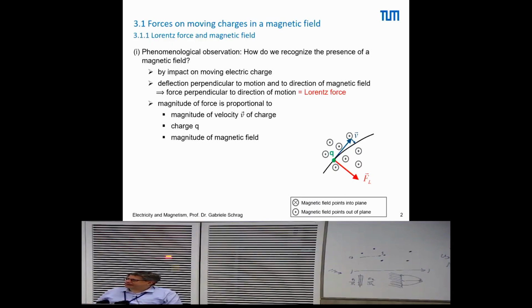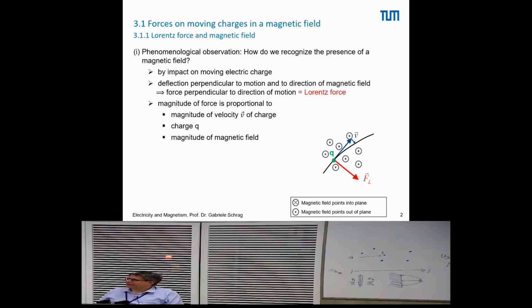This is based on a phenomenological observation. So how do we recognize the presence of a magnetic field? Well, we do so by seeing an impact on a moving charge. There is a deflection happening on the charge, which is perpendicular to the motion and to the direction of the magnetic field.